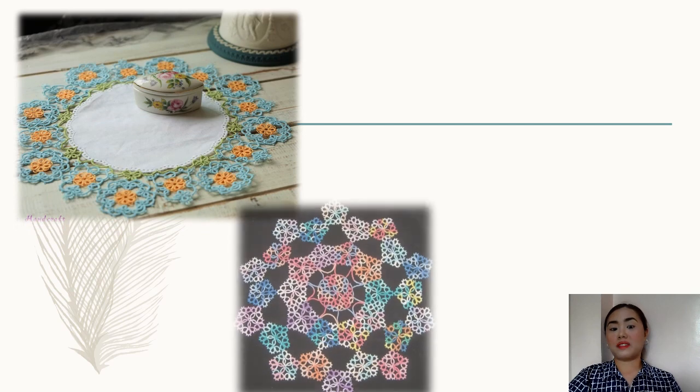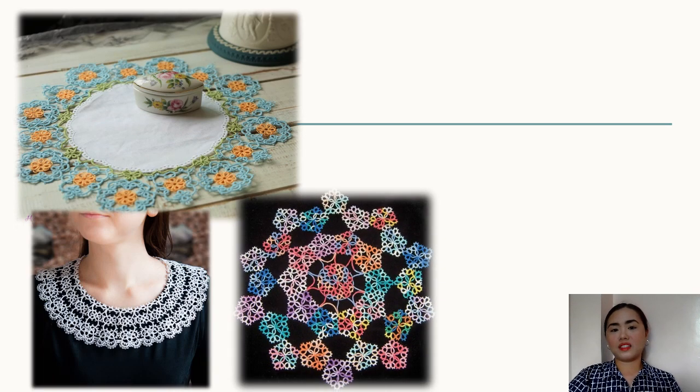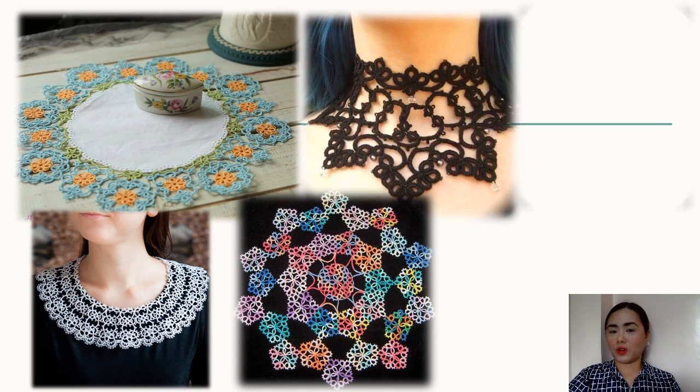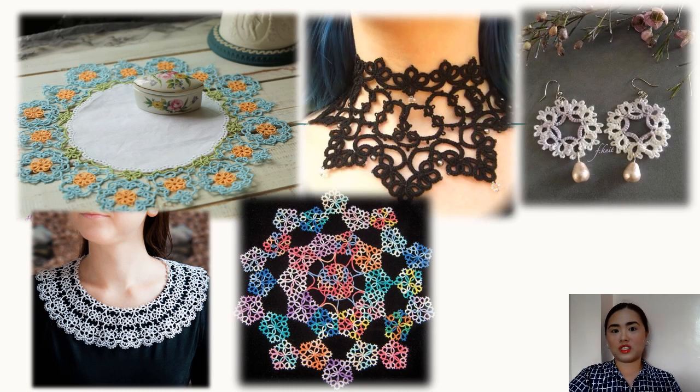Here are some of the products that you can create using the tatting technique. First, you have table runners. Second, you have intricate designs for blouses. And you can also create accessories such as chokers or earrings using this technique.